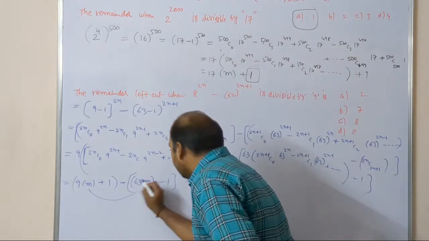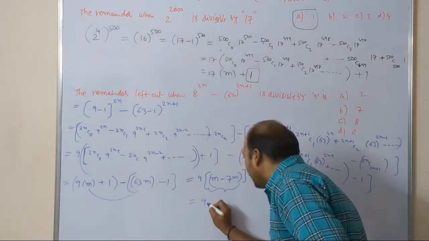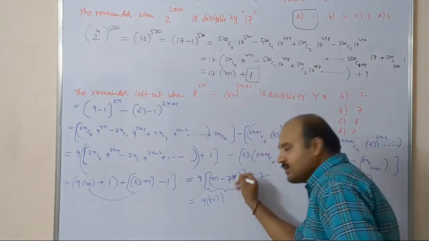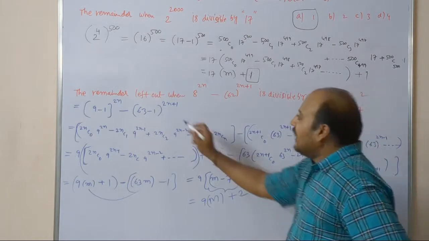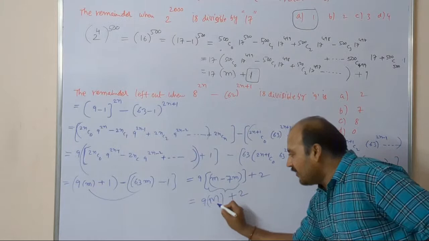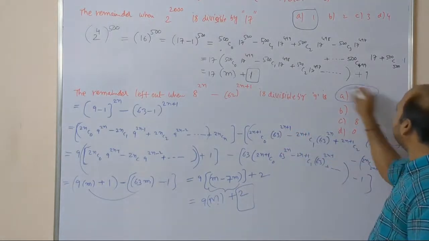Here plus 1 minus into minus 1 plus 1, so 2. So this is a multiple of 9. So 9 times m, big capital M you can write. This is capital M, the multiple, plus 2. The remainder left out when it is divided by 9. A multiple of 9 means divisible by 9. What is remaining here? 2. So the answer is 2.